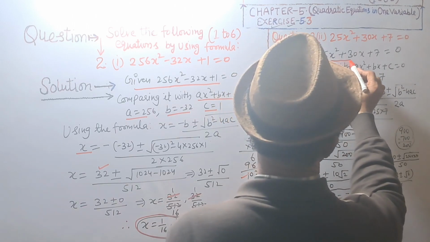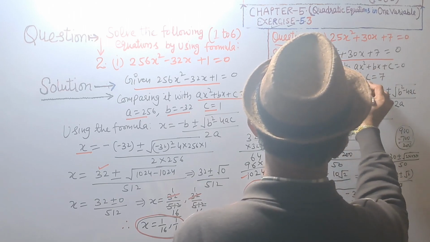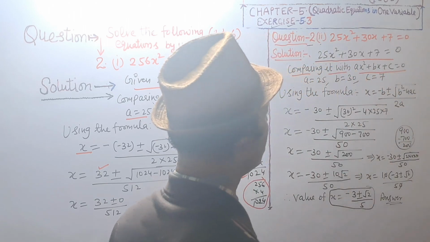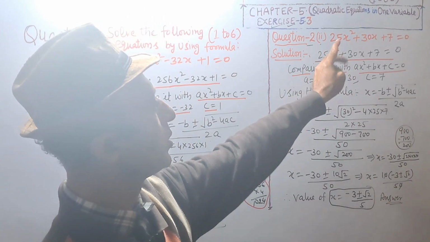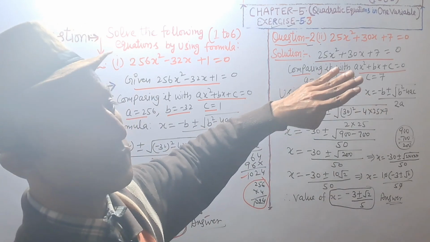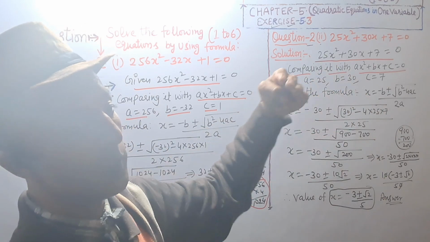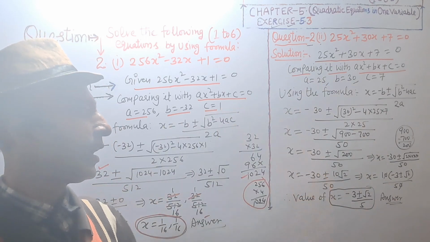Given equation 25x square plus 30x plus 7 equal to 0. Comparing it with ax square plus bx plus c equal to 0, we get the value of a is equal to 25, b is equal to 30 and c is equal to 7. We are using the formula x that is equal to minus b plus minus root b square minus 4ac upon 2a.